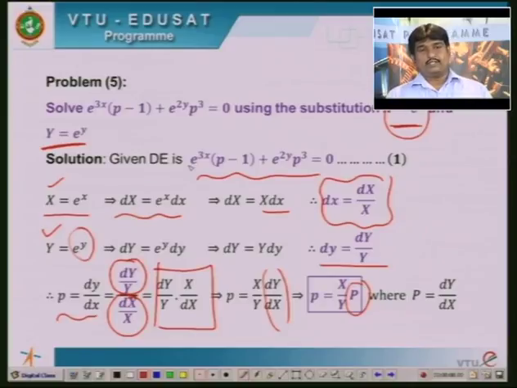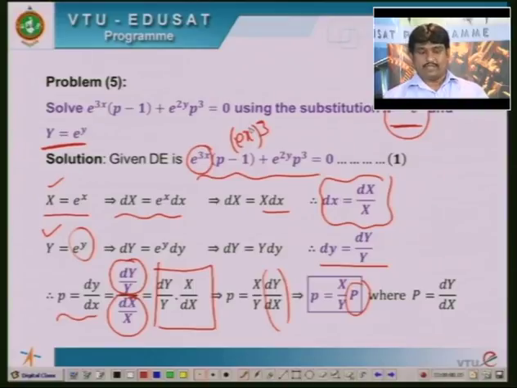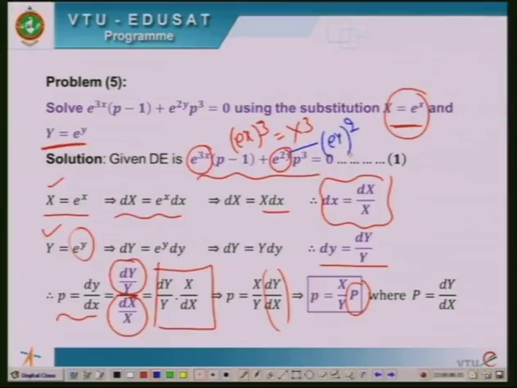E to the power of 3x is nothing but e to the power of x the whole cube. E to the power of x is capital X, so this becomes capital X cube. Similarly, e to the power of 2y can be written as e to the power of y the whole square. E to the power of y is capital Y, so this is capital Y square.